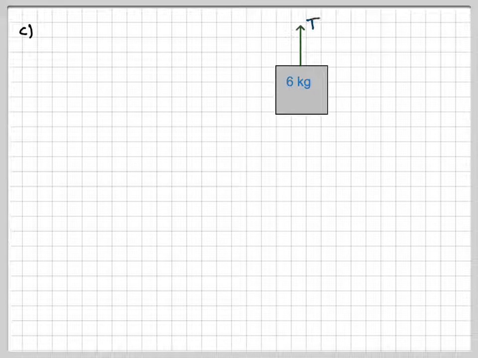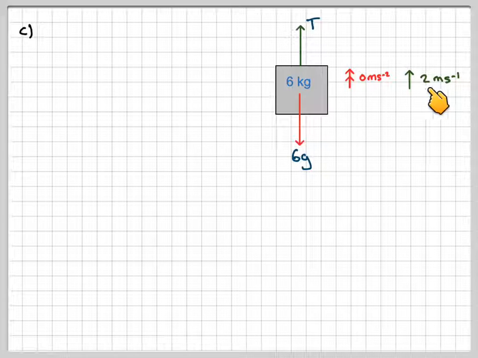c) We're now travelling at a constant velocity of 2 meters per second. So we have T acting upwards and 6g downwards. It's going upwards, so the acceleration is 0 meters per second squared. There's no acceleration because we've got a constant velocity of 2 meters per second.